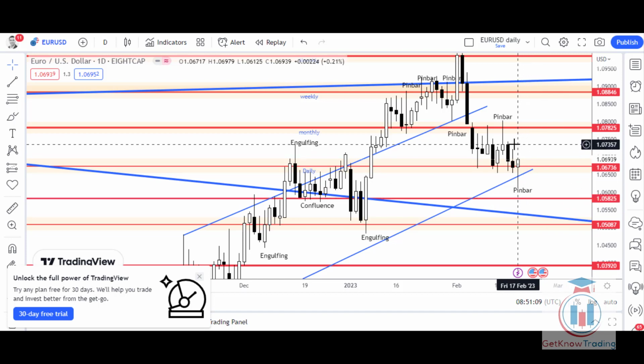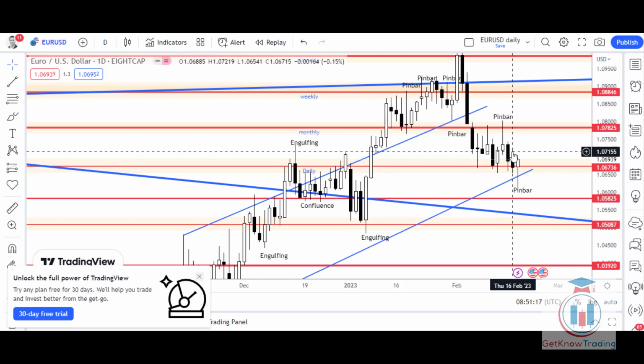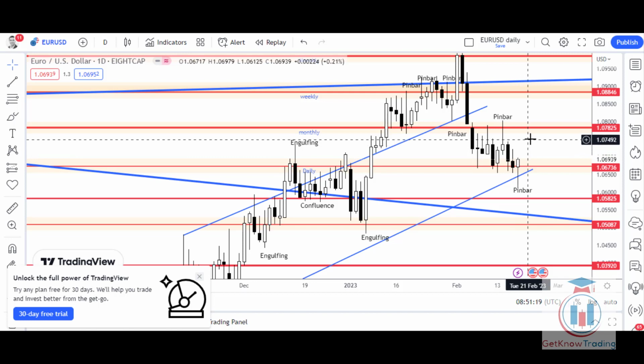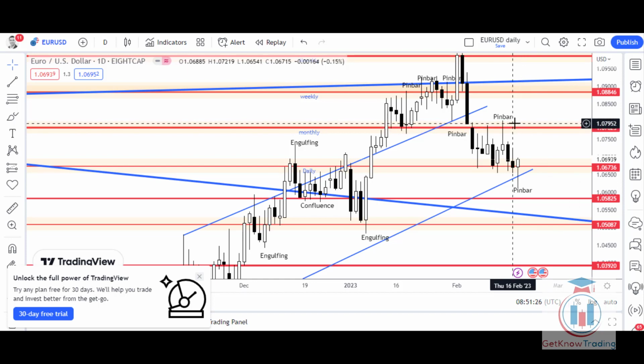If the price manages to go above on a daily time frame and close the day above 1.073 price level, it will mean that the bulls have found strength, and there will be a fight at 1.07825 where the sellers are waiting and also where the supply zone is.